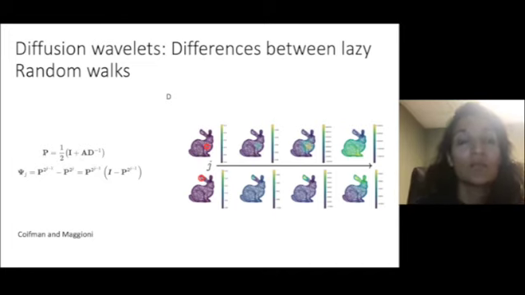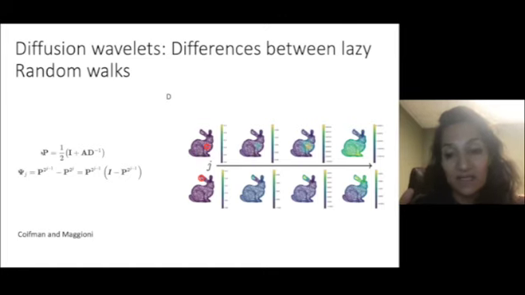So what you have here is a lazy diffusion operator, because a lot of times when you get graphs that exist as data, for example molecular graphs, they don't have self edges. So you add the self edges on there and you get what's called a lazy random walk.